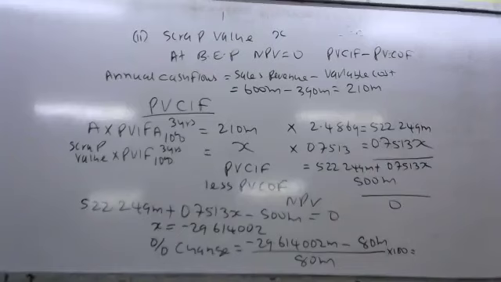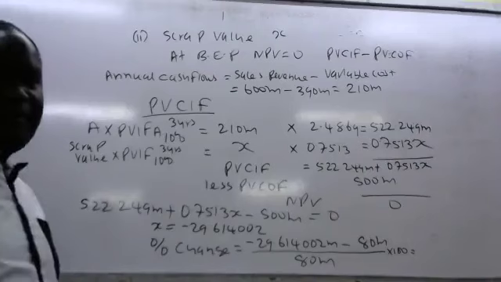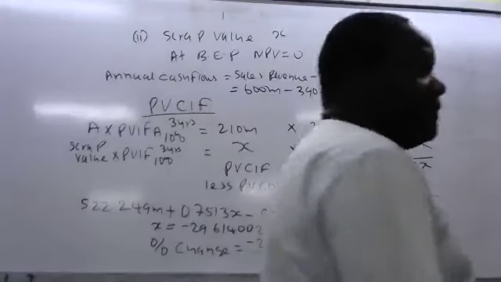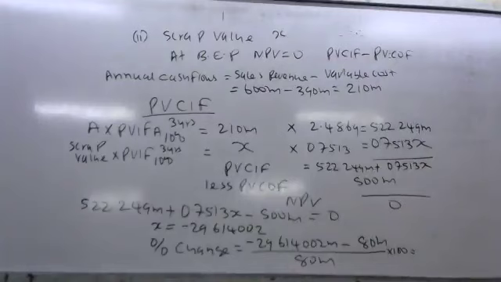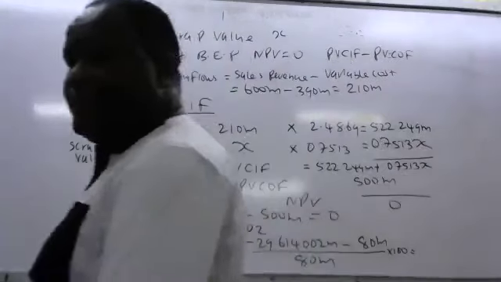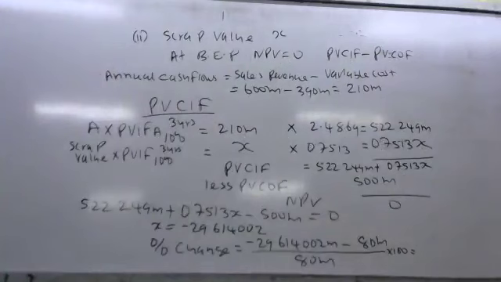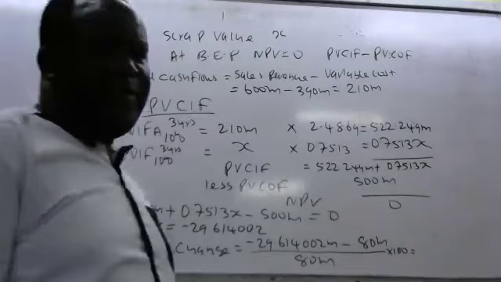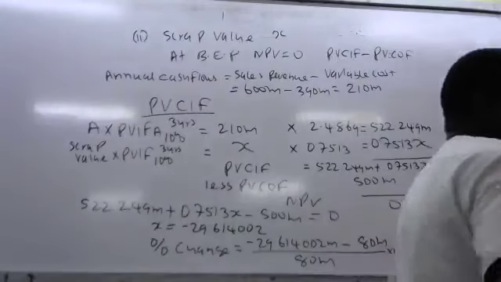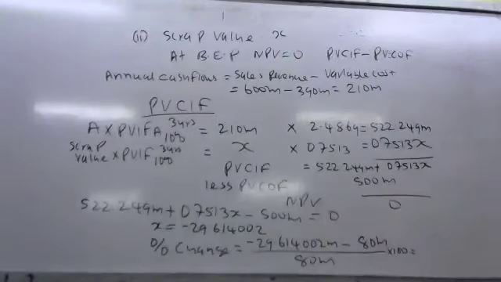So that one is giving us which percent? Sorry, negative 137 points. Yeah, you can just round it off to 2 decimal places. So that is now for the scrap value.